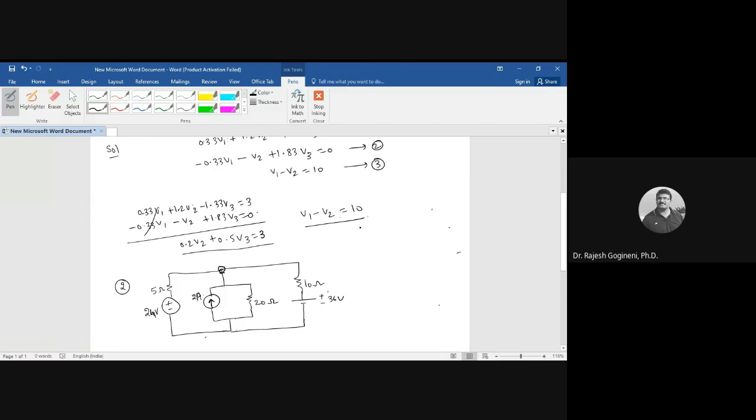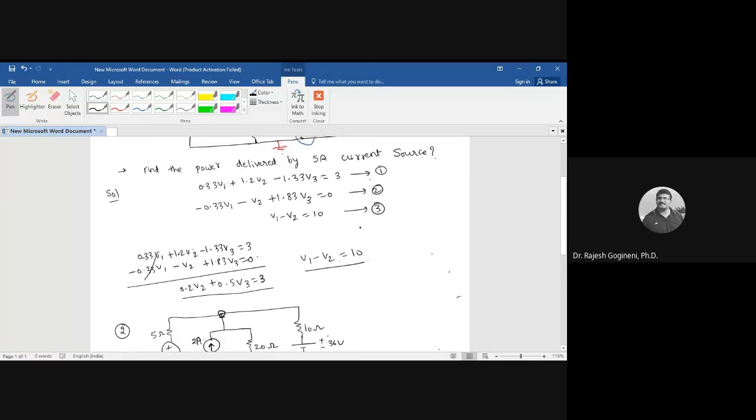V1 minus V2 is given as 10. You can use this equation. So take the first equation: 0.33 V1 plus 1.2 into V2, and from equation 3 you can substitute V2 as V1 minus 10, minus 1.33 into V3.